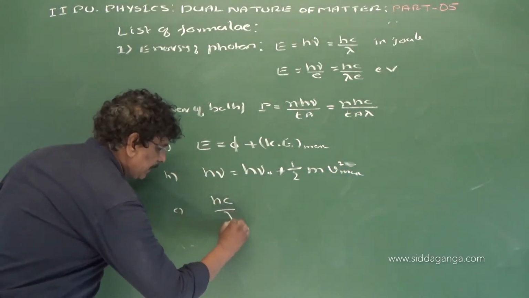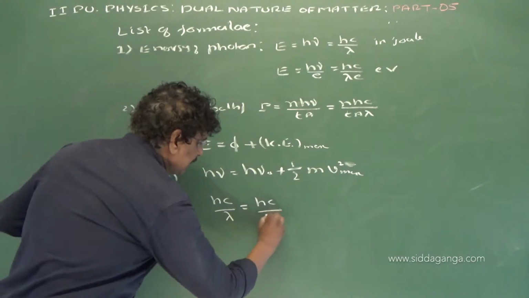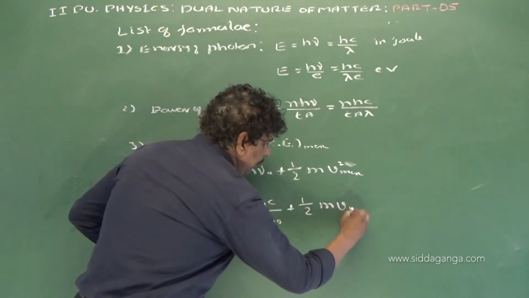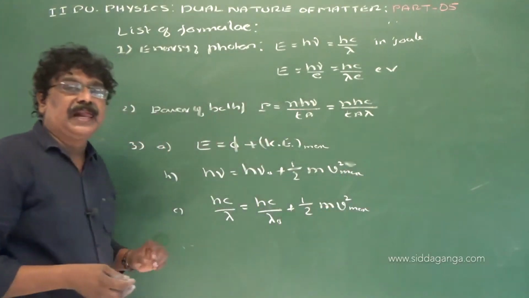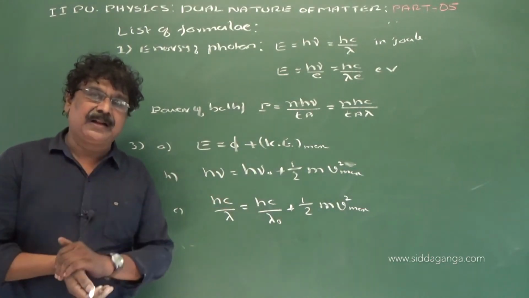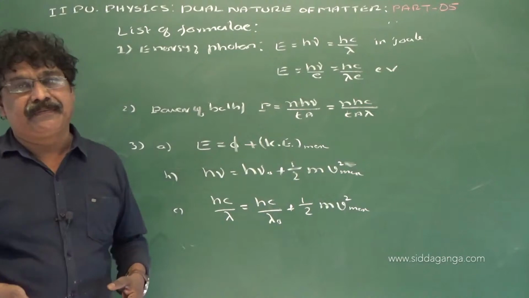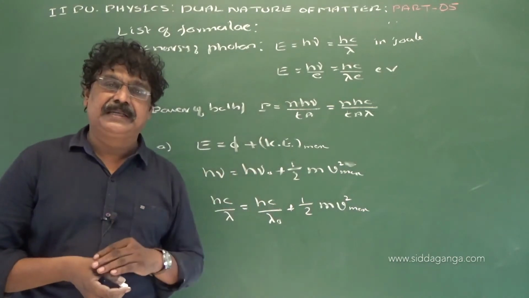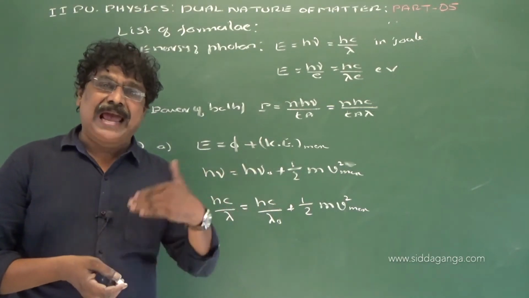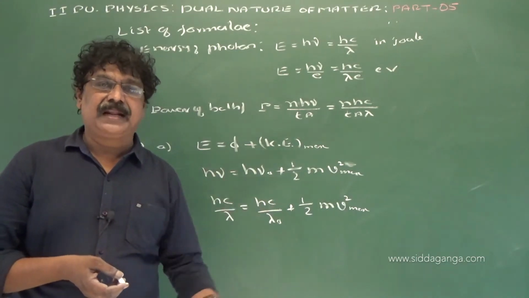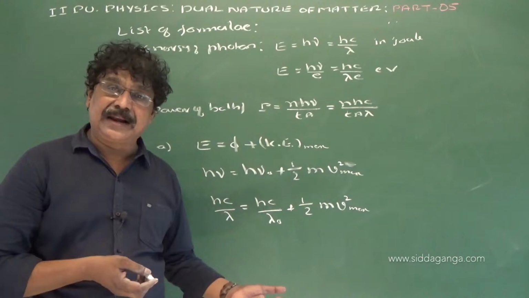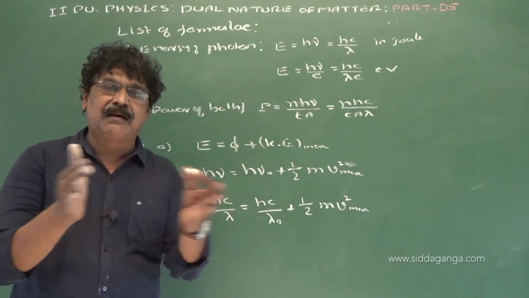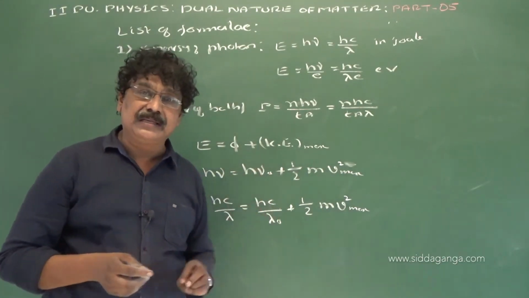C, hc by lambda is equal to hc by lambda naught plus half m v maximum square. Here the terms which we are using are incident frequency, incident wavelength, threshold frequency, threshold wavelength, Planck's constant, speed of light in vacuum, that is 3 into 10 raised to the power of 8, mass of electron and velocity of electron.